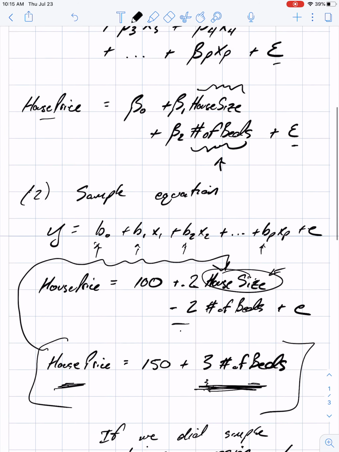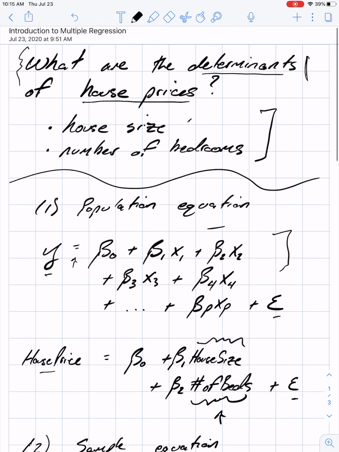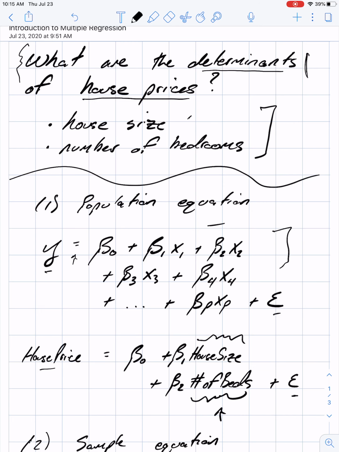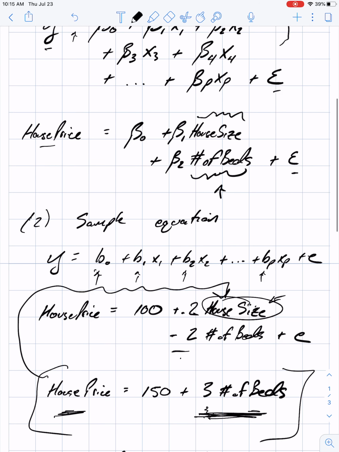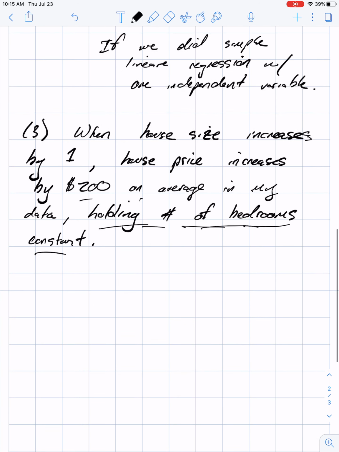Now up here, remember we said you might have a sample equation with like 10 slopes in it, or 10 different independent variables. You don't have to sit here and write holding number of bedrooms, location, and list every single variable constant. You can always say holding other variables, other independent variables constant.